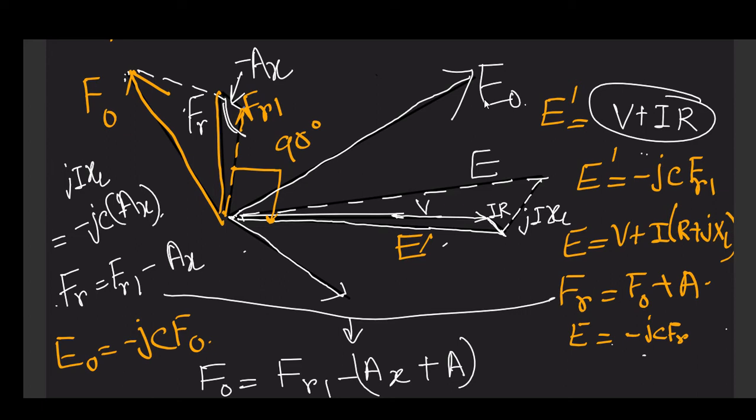So how to figure it out? This will be the same as 90 plus this angle. This angle we cannot find out directly, rather we know the angle between V and I. So whatever angle it has between V and I, we will subtract this much angle from that and then add 90 degree.